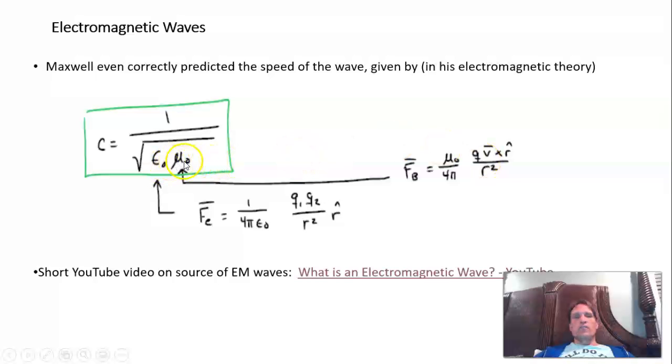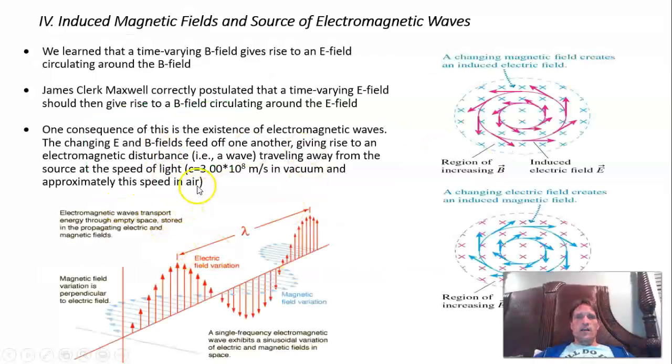And when you plug these two values in, you take the square root, you hit the inverse, magic, you get the exact speed of light in vacuum. So Maxwell, using mathematics alone, predicted the existence and the exact speed of electromagnetic waves before this was ever experimentally determined.